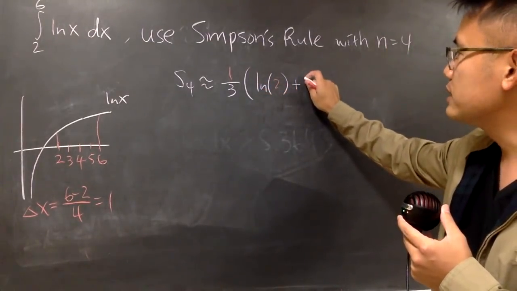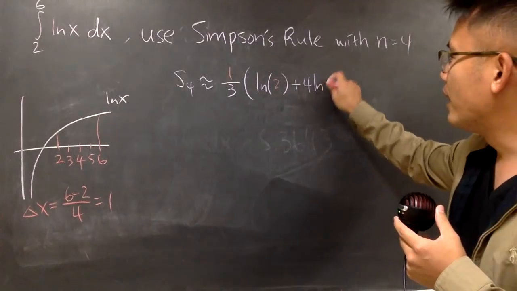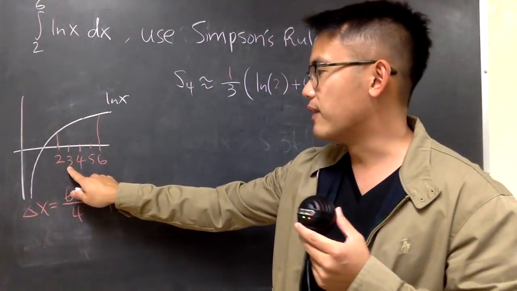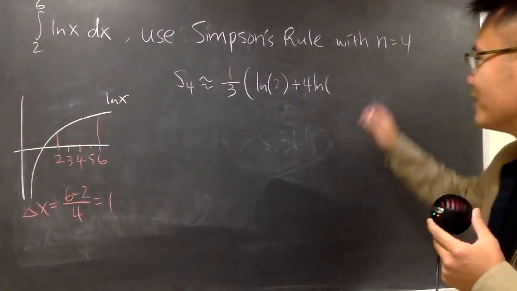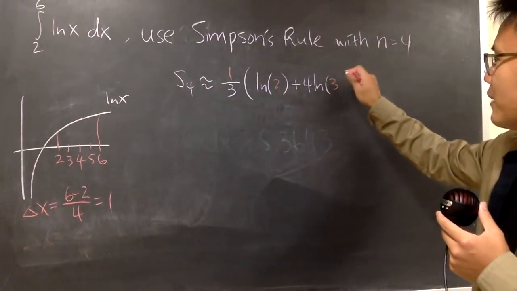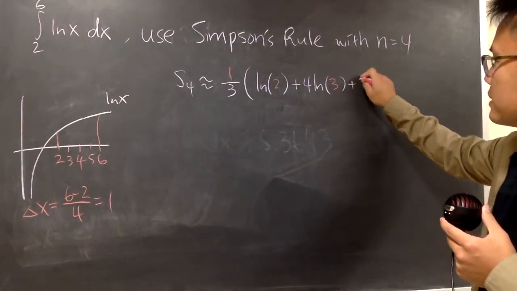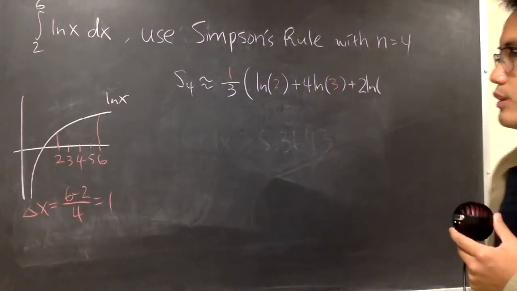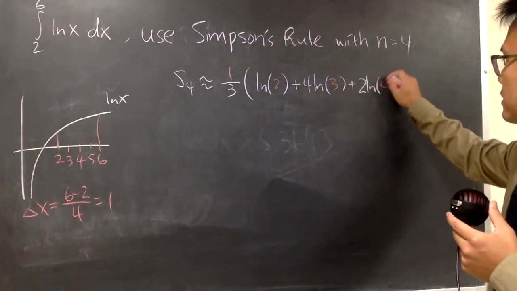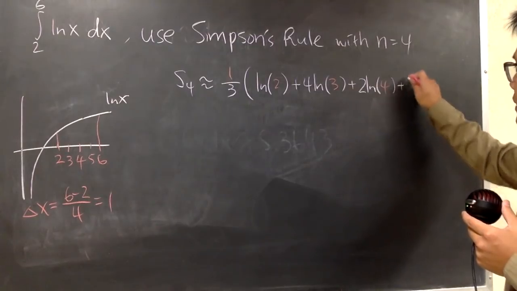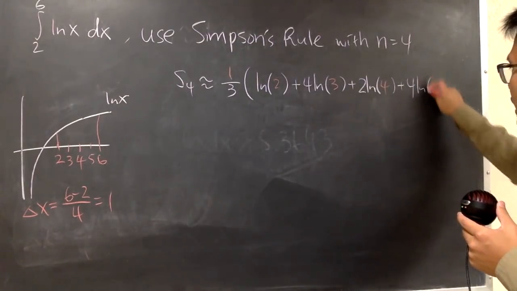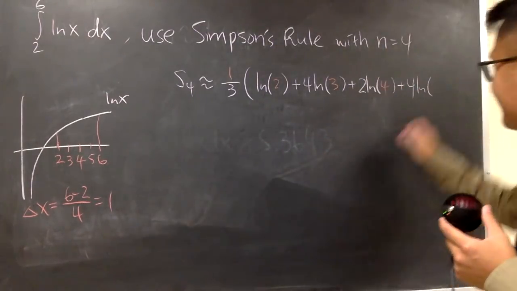Next, we add it with 4 ln, and you plug in the next x value into the function, which is just 3 right here instead of the x in ln. And then we just pretty much do the rest. Plus 2 ln 4. And then we add here with 4 ln 5.